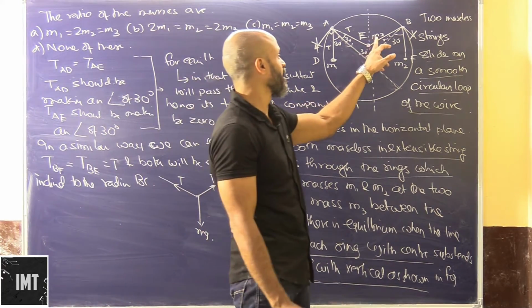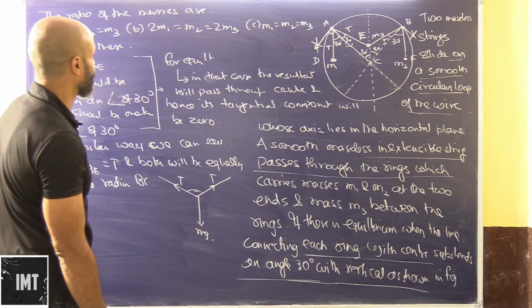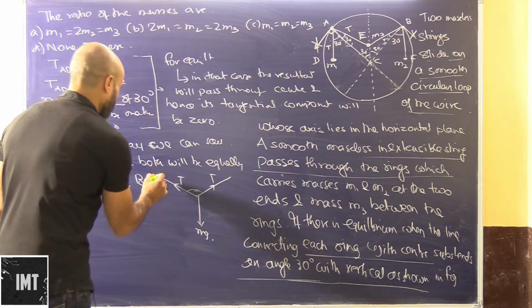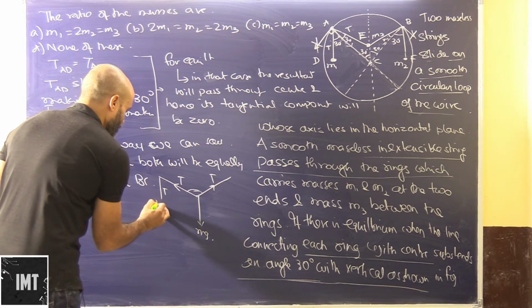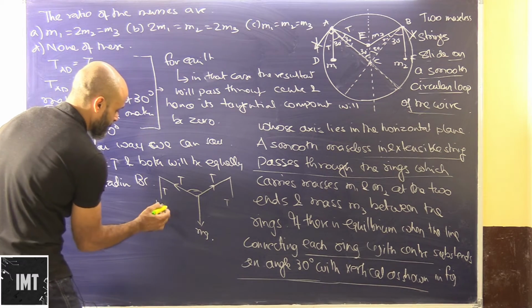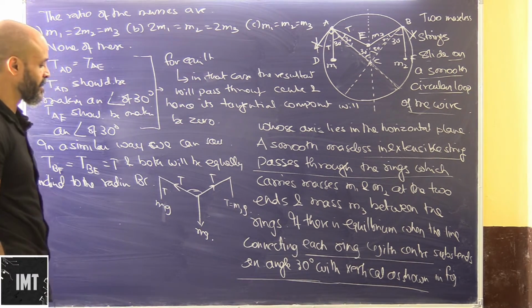Obviously if it is in equilibrium, we don't have options here. So here T is equal to m1g, and this T is equal to m2g.